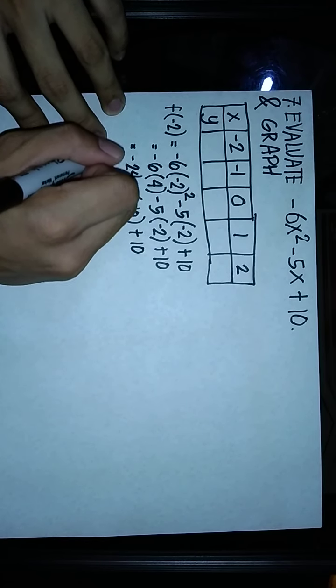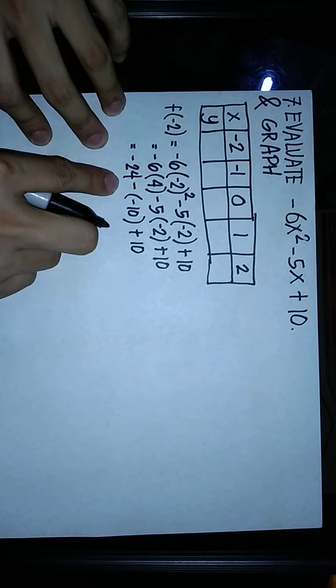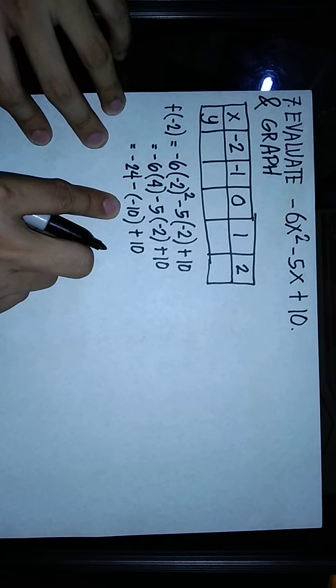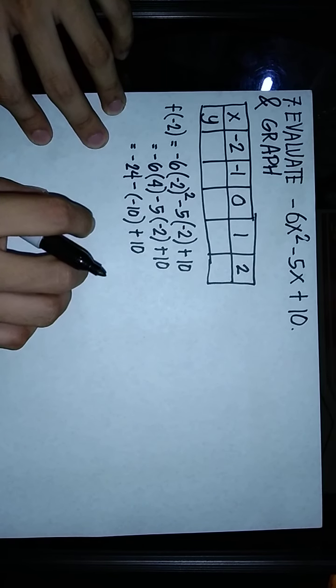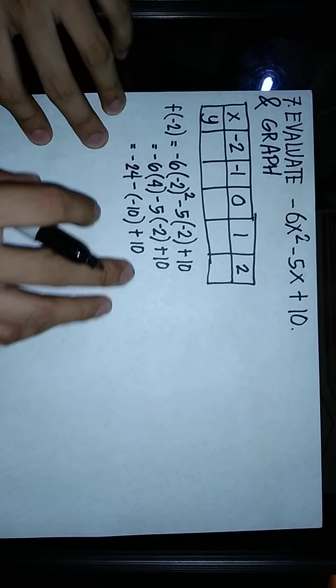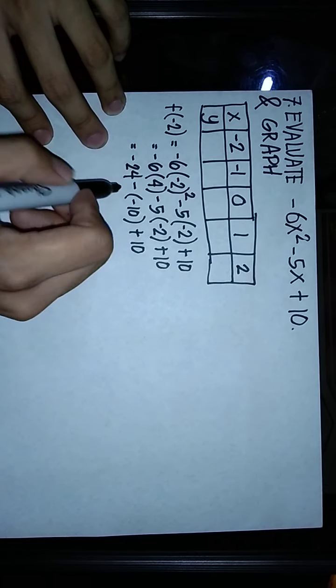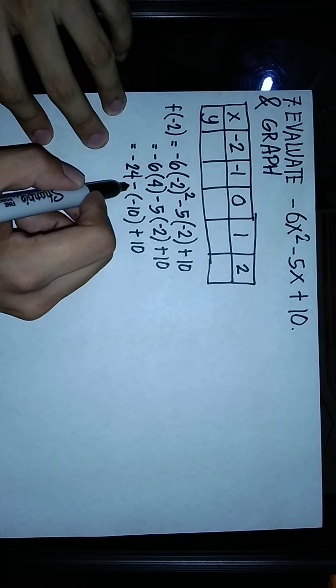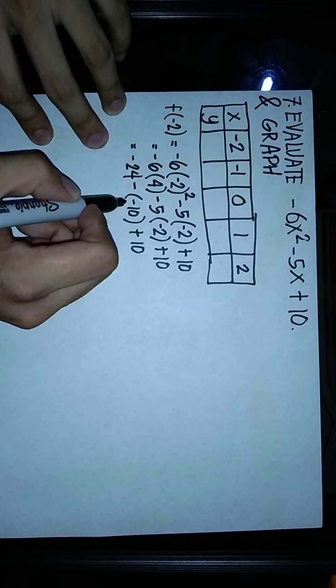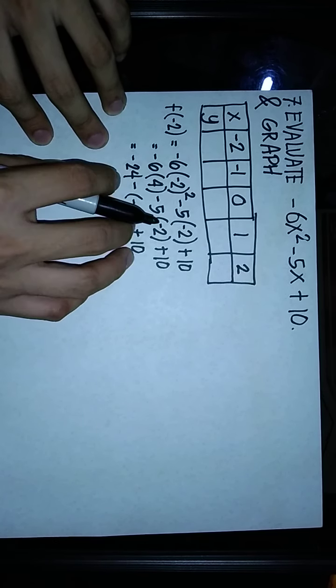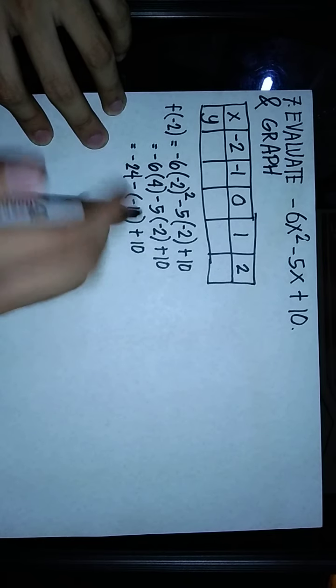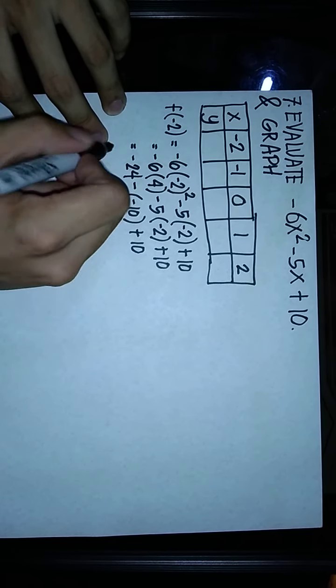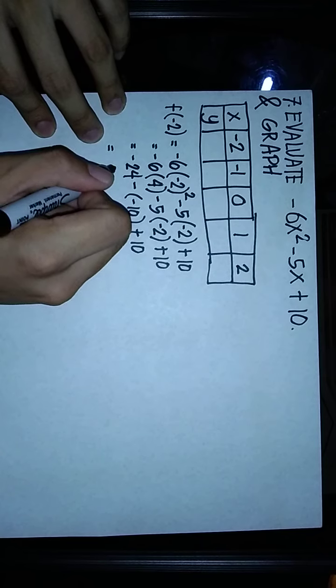Next is negative 24 minus negative 10. So, minsan, nakakalito nga yung part na ito, pero always nyo tatandaan kapag magkasunod yung negative, yung ating minus sign, and then negative na ating values, pwede natin siyang gawing positive or magiging positive siya since atin siyang i-distribute. So, gawin muna natin siya.